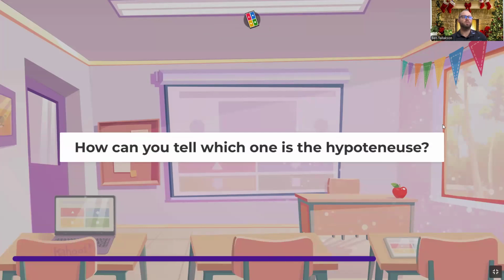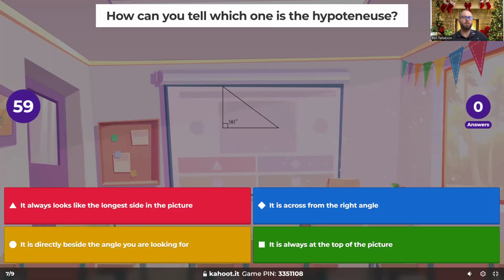How can you tell which one is the hypotenuse? Now be very careful. One of these answer choices is deceivingly true. The other is definitely true. I would say the deceiving answer is subjective.